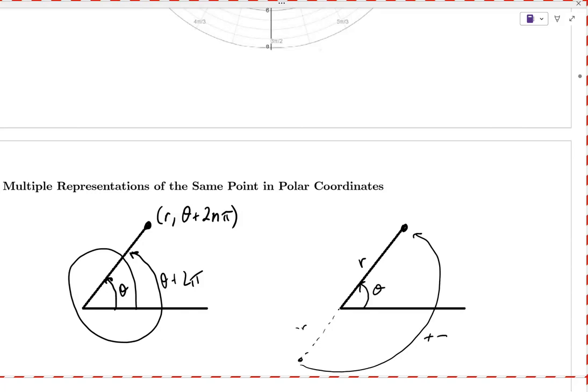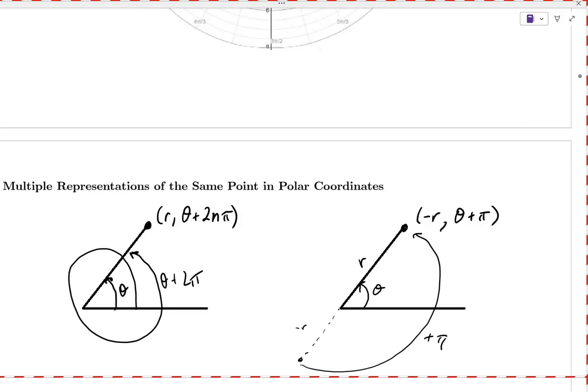You told me that before. If we add pi, those 2 points were pi apart, weren't they? So another way to represent this could be negative r, use the same theta, but add pi to it. Or subtract pi. I mean, I can still play the 2 pi game all day long.